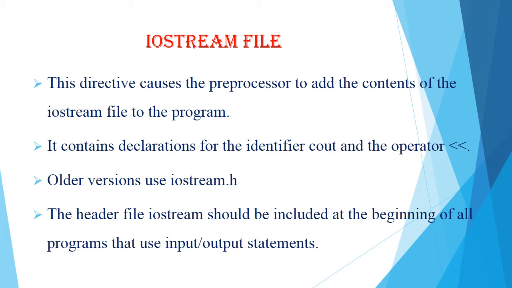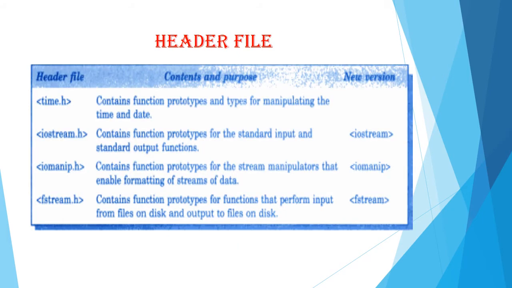It contains declaration for the identifier cout and the operator double lesser than, that is the insertion operator. The header file iostream should be included at the beginning of all programs that use input-output statements. These are the sample header files we can use.